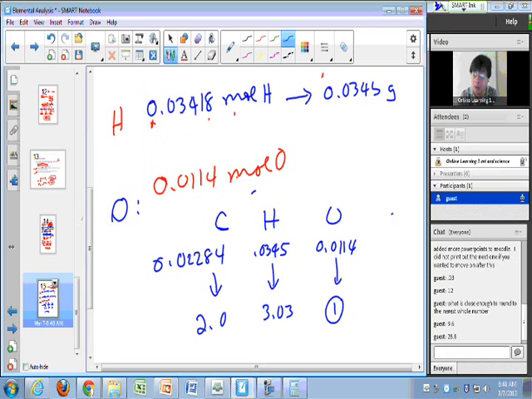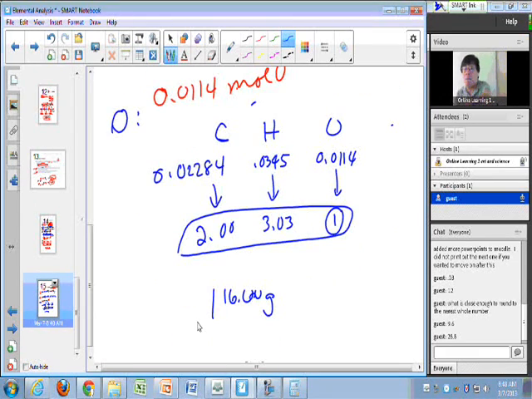You need mole to mole to mole. So what's the empirical formula of our compound?